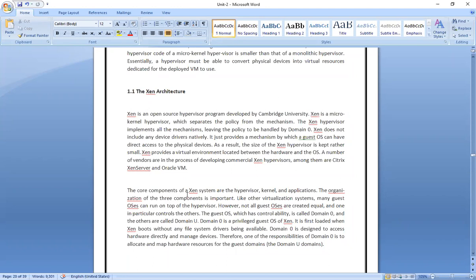Out of these virtual machines, we choose one as the controller, meaning the guest machine which controls all other guest machines.